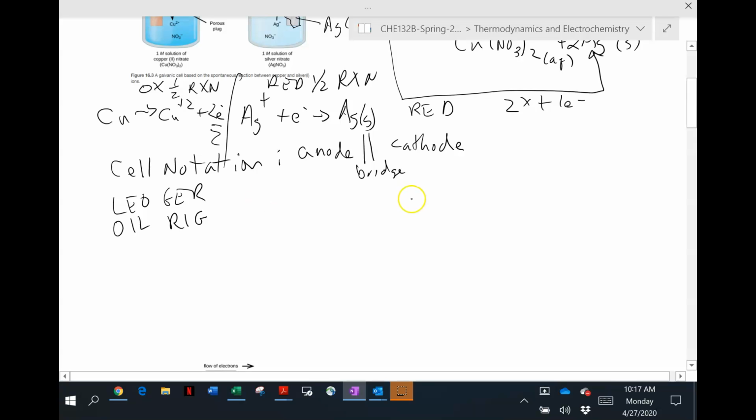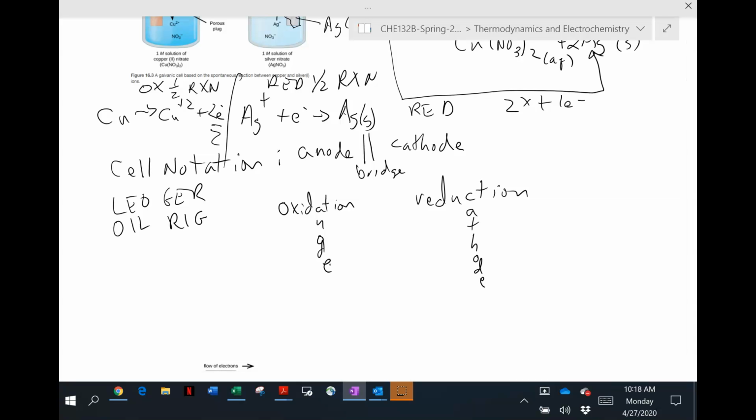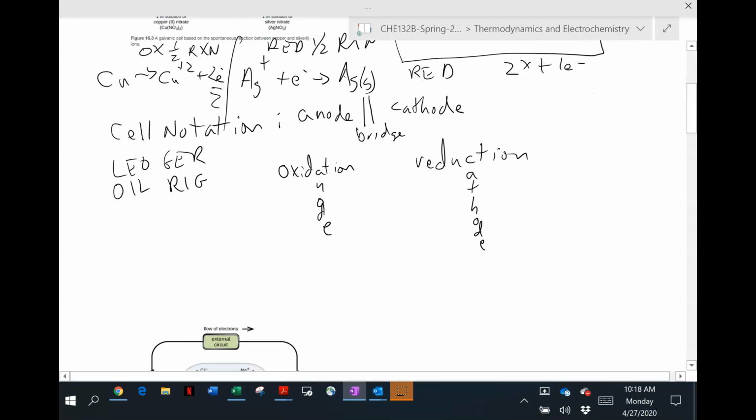In reduction, there's a C in the middle, and you could imagine cathode going there. In oxidation, there's an A in the middle, so you can imagine anode going with oxidation. So oxidation occurs at the anode, reduction occurs at the cathode. Another thing to remember is that the cathode is named because cations go to the cathode.